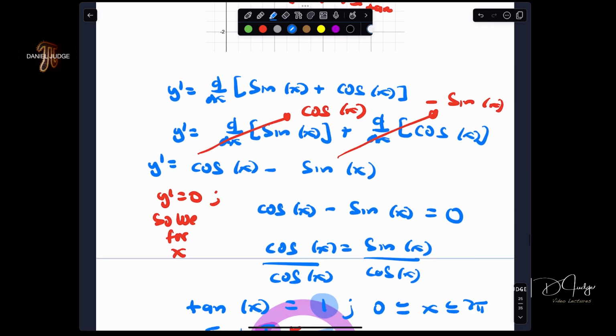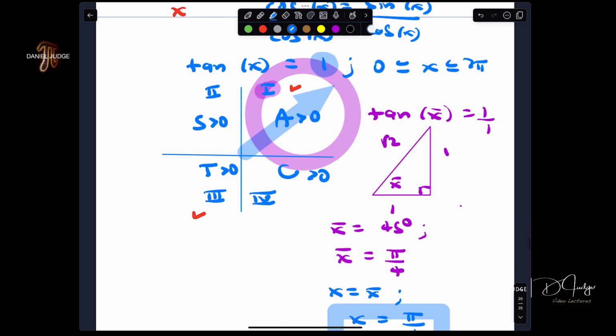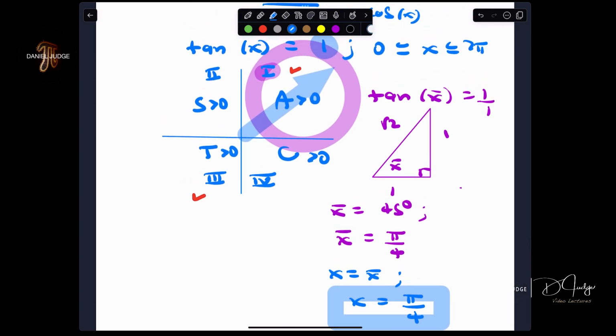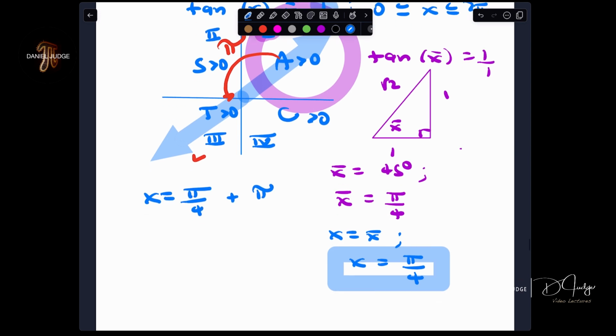So, ladies and gentlemen, there's one solution. There's another solution, because tangent's positive in the opposite quadrant. So you have to add a half a circle. Pi radians is what you add. So the second solution is going to be pi over 4 plus pi radians.